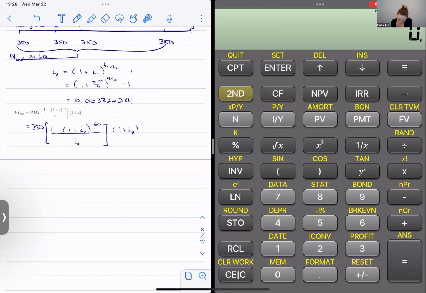So I've got 1 plus recall 1, to the power of negative 60, equals, then 1 minus that previous answer. Right, the previous answer, you can go second equals, divided by recall 1.